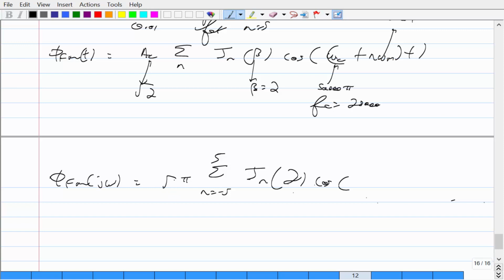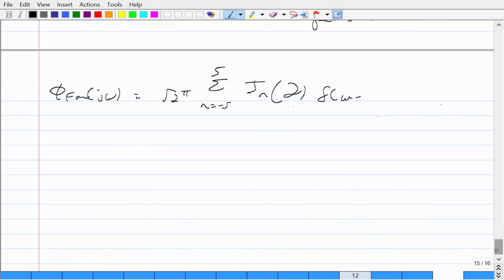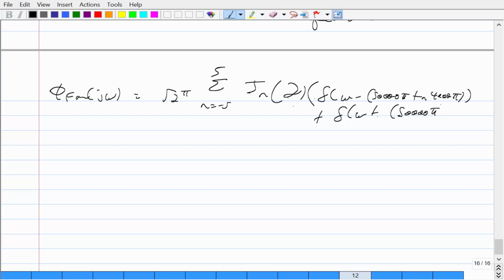So it's actually deltas, not cosines, because I'm taking the Fourier transform. So this is delta of omega minus 50,000 pi plus n 4,000 pi, plus delta of omega plus 50,000 pi plus n 4,000 pi.